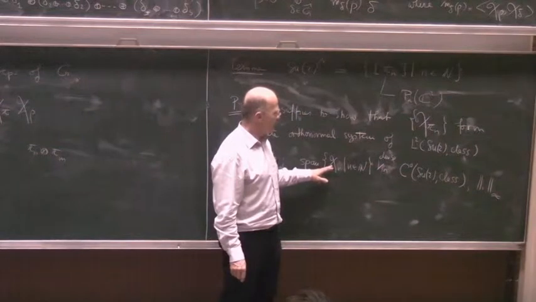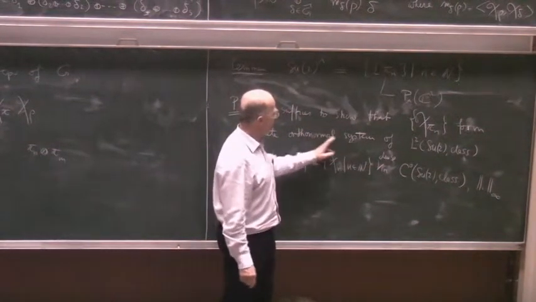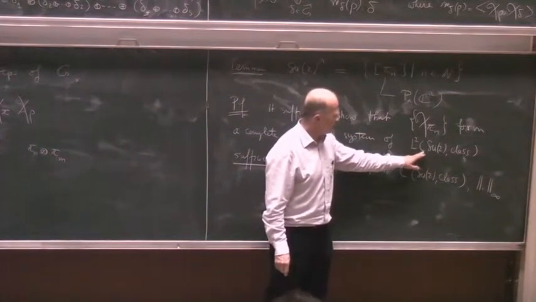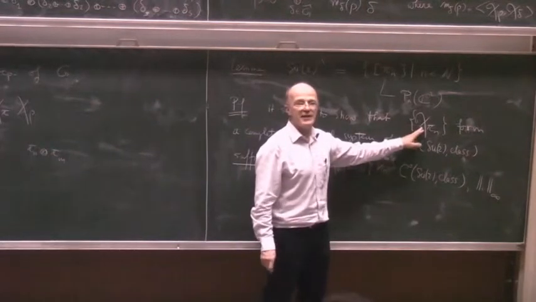Well, or you could say it differently. What does complete orthonormality mean? It means that if you have a function in this space which is perpendicular to all these characters, then the function has to be 0.